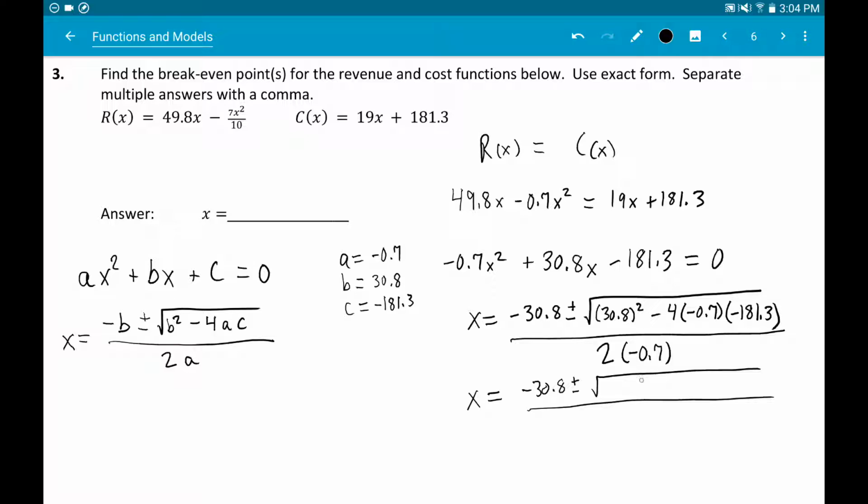That's 441 under that square root sign. And then on the bottom, 2 times negative 0.7 is negative 1.4. Alright, if we go ahead and do the square root of 441, it comes out to a nice whole number, 21.